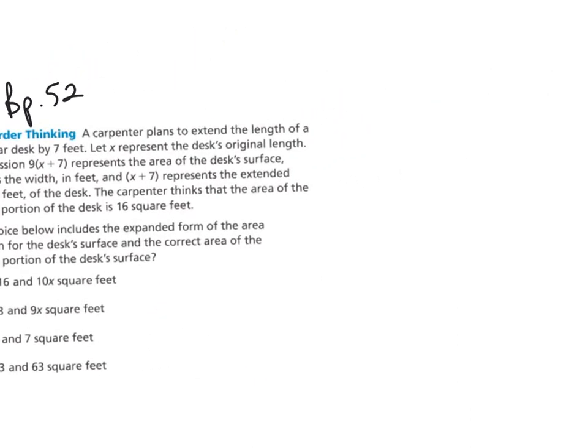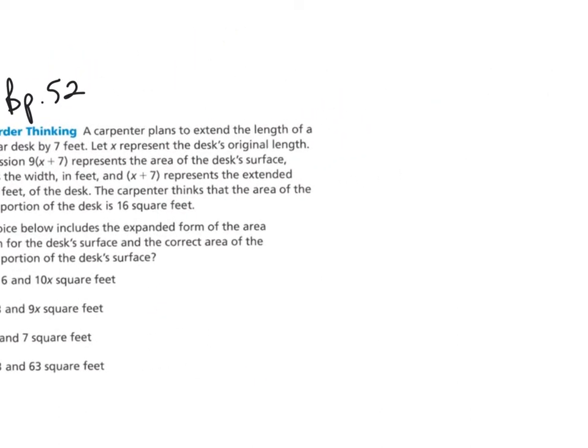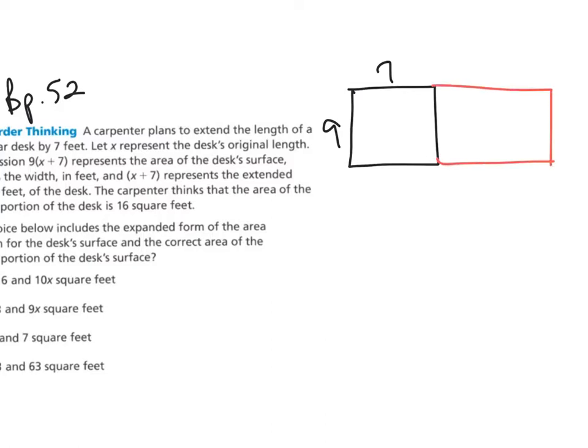So if we think about a picture here of what's happening, we kind of started off here with like a 9 by 7 rectangle, and then we're adding on a piece here. And that's kind of how they're coming up with this, because overall, if you look across the top here, this is 7 plus x, or x plus 7.